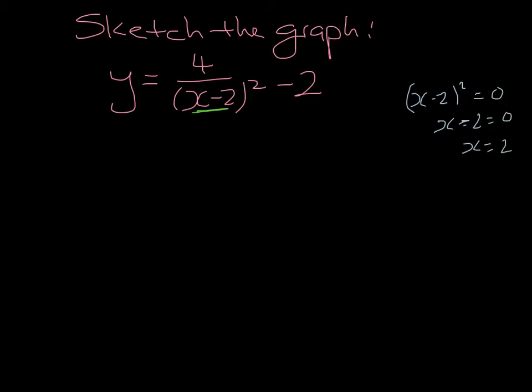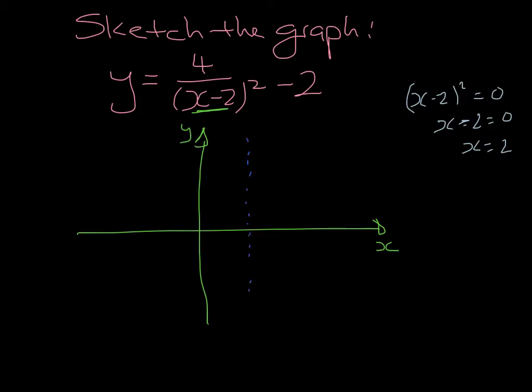That's going to be significant because if x is equal to 2, that would mean that the denominator here will be 0, which it's not allowed to be. You can't divide by 0. So that tells us that when we draw the graph, we're going to have an asymptote at x equal to 2. So I'll get a different colour.